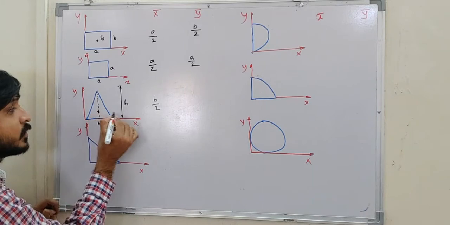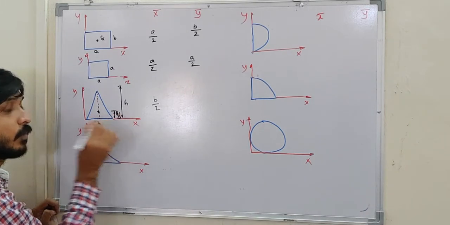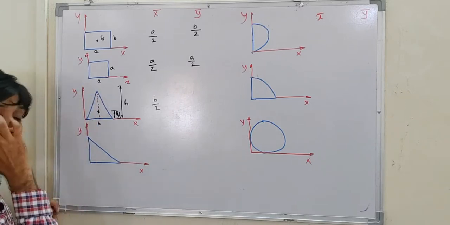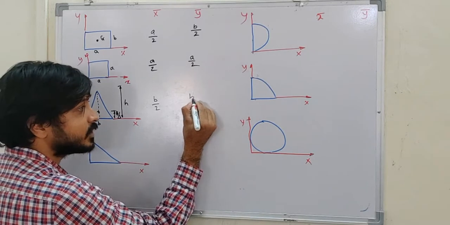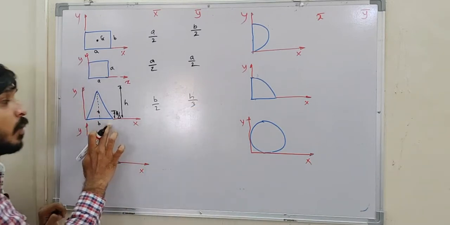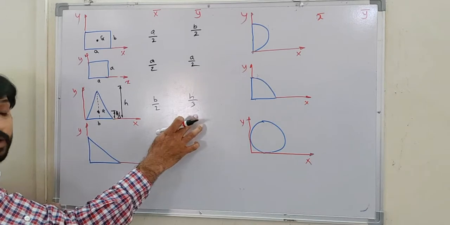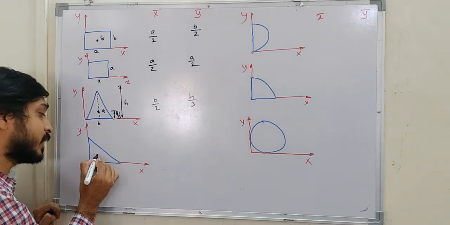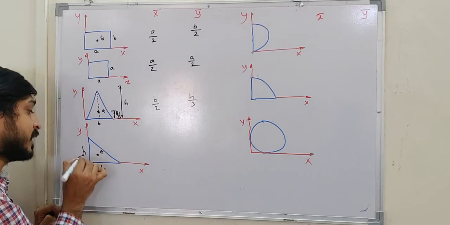And this height, so we know this one will be h by 3 from the bottom. If they ask from the apex, it will be 2/3 of h. Whereas here it is h by 3 because we are taking from the bottom, right? So this is G, this is h by 3 for the triangle. And coming to this one, we get G somewhere here, and again I'll take this as B and this as h.